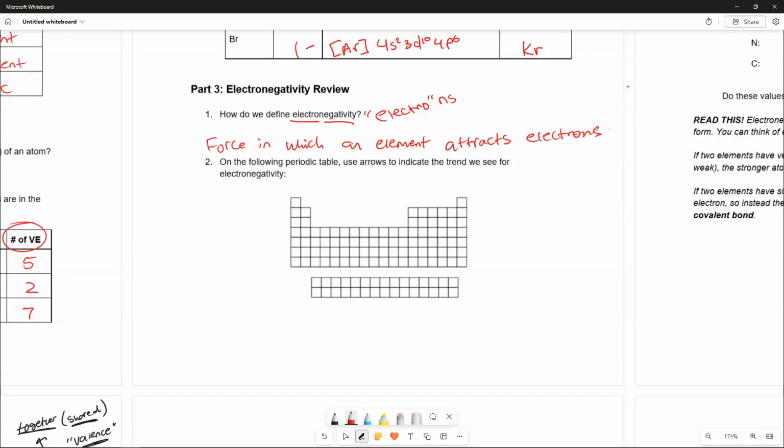All right. On the following periodic table, use arrows to indicate the trend we see for electronegativity. You're going to have to memorize this. We're going to go all the way to the right like this. We increase in this direction. So we increase up. I'll write that somewhere else.